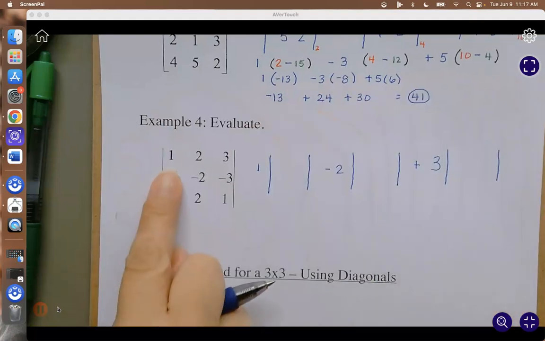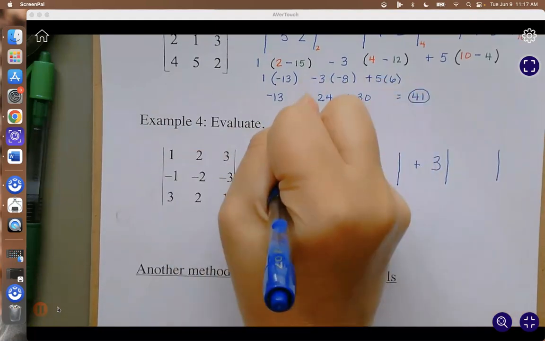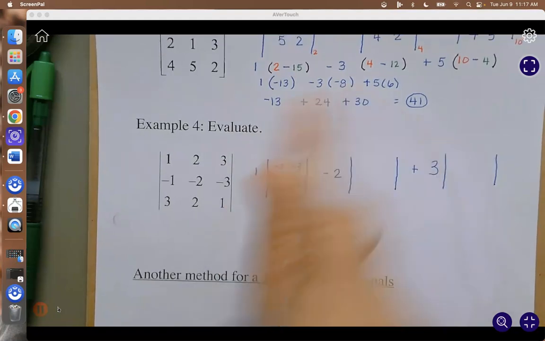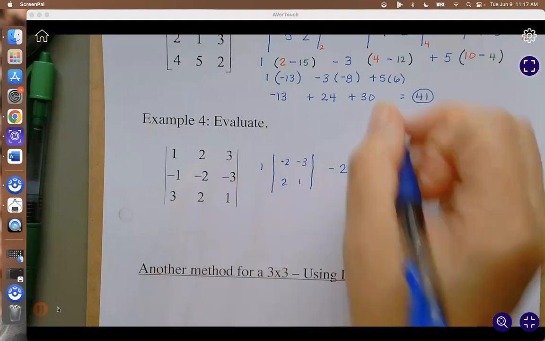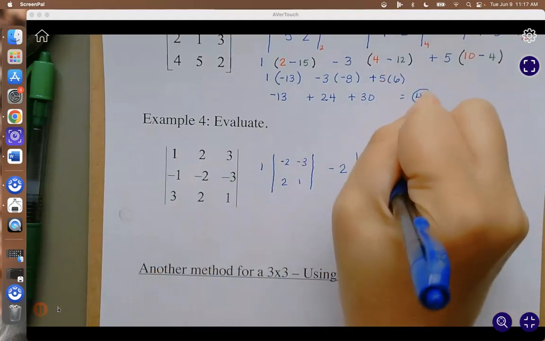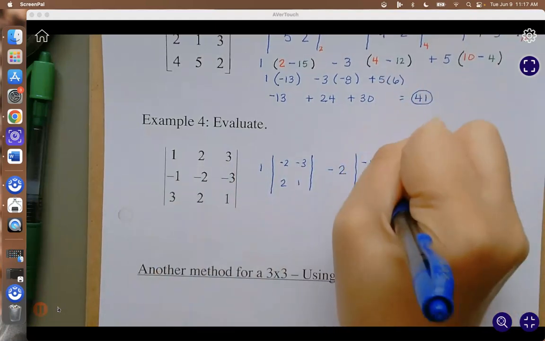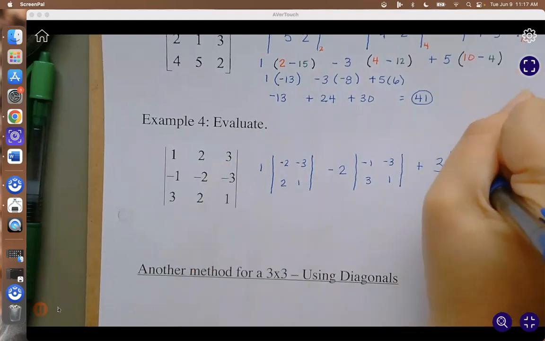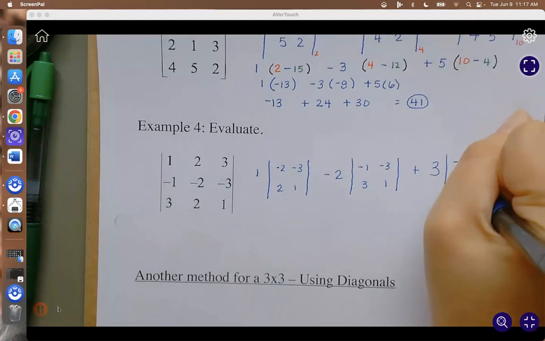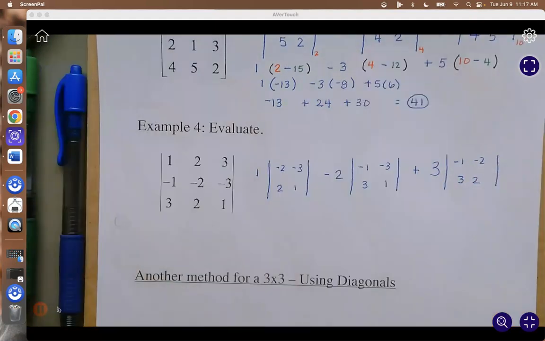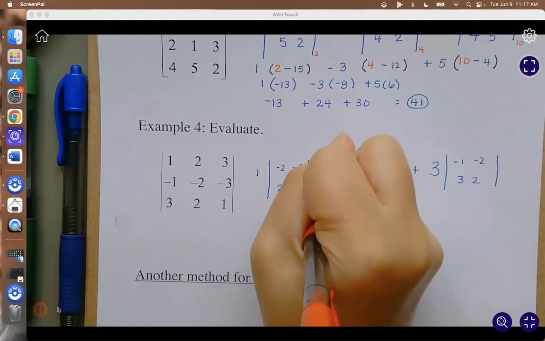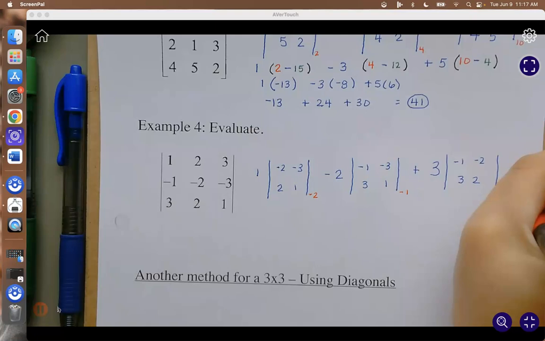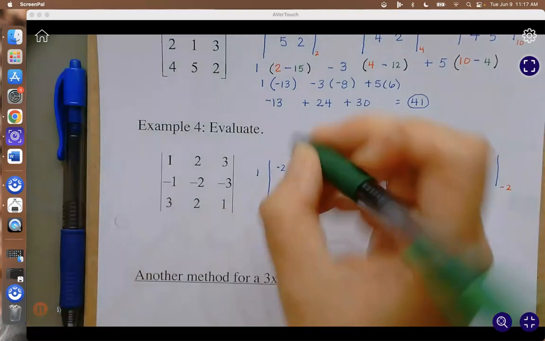Okay, so cover up the 1, you get -2, -3, 2, 1. Cover up the 2, you get -1, -3, 3, 1. Cover up the 3 row, you get -1, -2, 3, 2. So this is -2, this one's -1, this is -2. We did all of our reds, now let's do all of our greens.